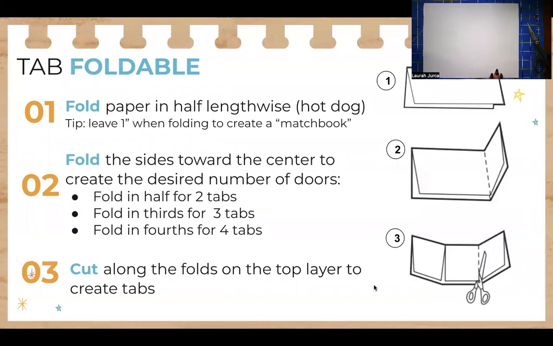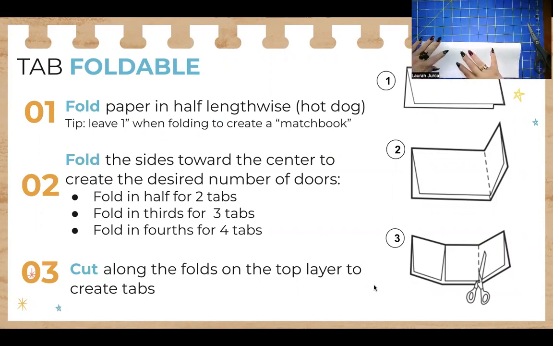So for our tab foldable, we're going to make what elementary teachers often call a hot dog fold. So we've got our paper lengthwise, and we're just going to fold the top side down to the bottom side in half. All right, so now you've got a hot dog or a taco, however you want to call it.